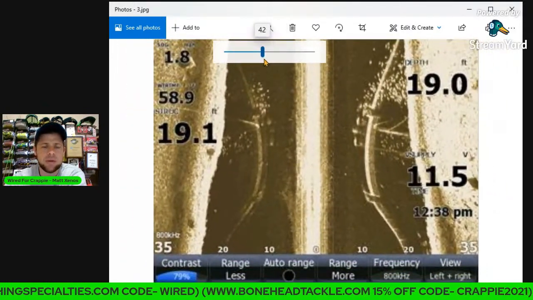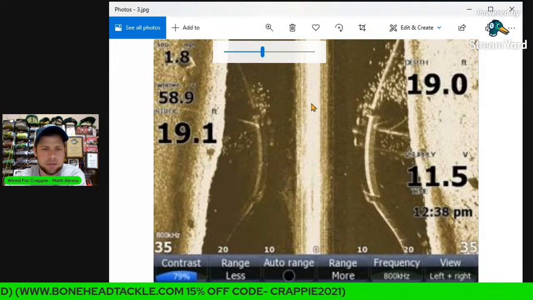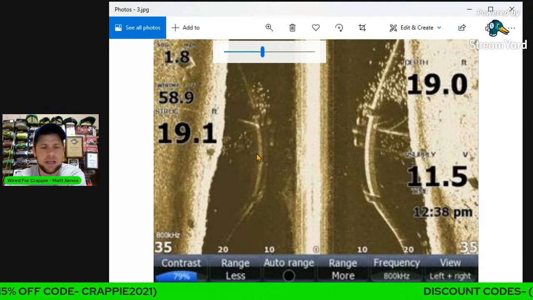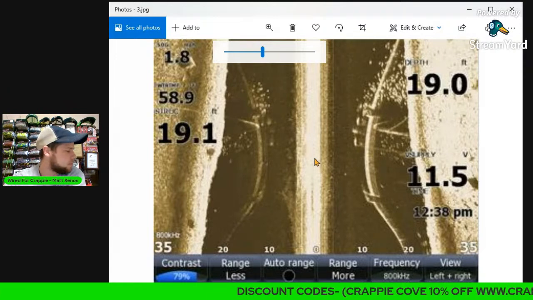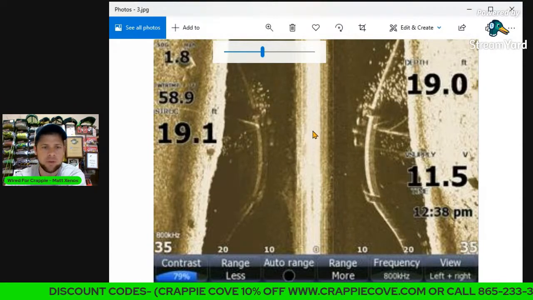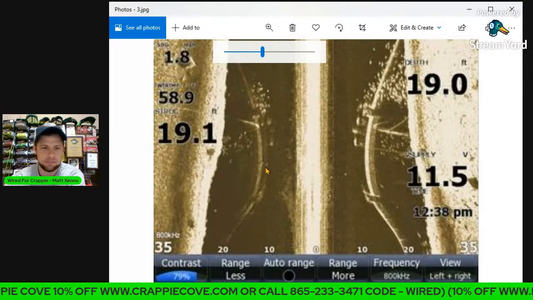Now, I didn't go directly over top of this, but pretty close. So you see, this is a little brighter on the right than on the left. But if I was to go directly, not even a hair width directly over top of that, it would be this bright on both sides.